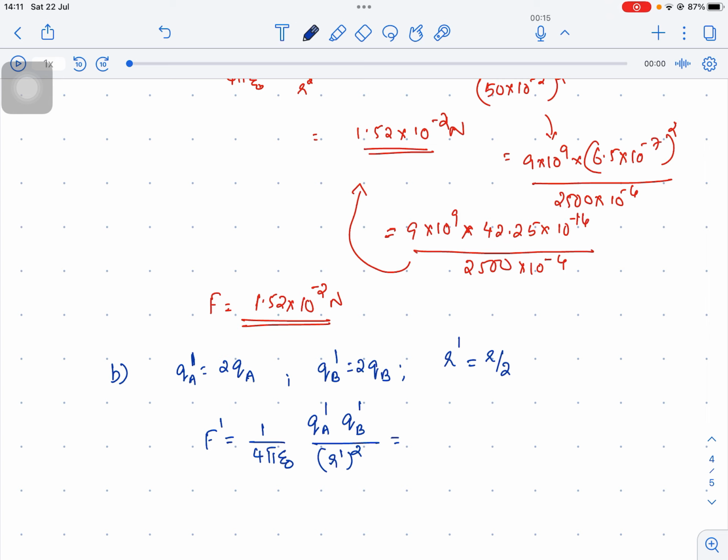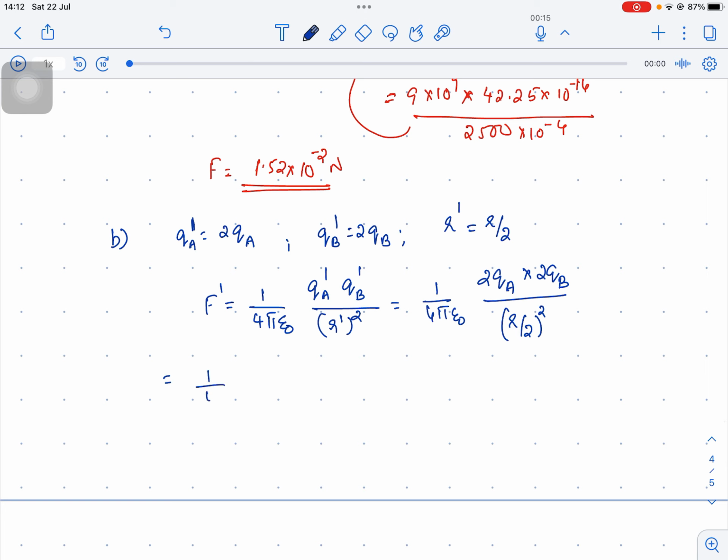Okay. So now substitute for QA dash and QB dash. Before writing the value, you just write 1 by 4 pi epsilon 0, QA dash is equal to 2 times QA, QB dash is equal to 2 times QB, and R dash is equal to R by 2 the whole square. So when you substitute this, F dash is equal to 1 by 4 pi epsilon 0, 2 into 2 is there in the numerator, so it is 4 QA QB divided by R by 2 the whole square, which means R square by 4.